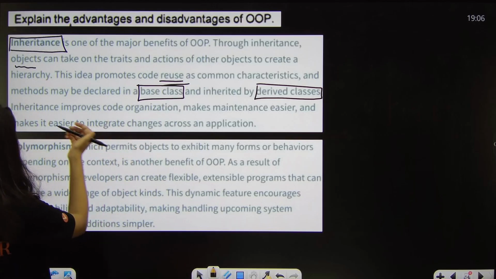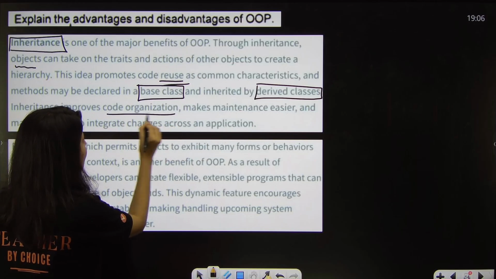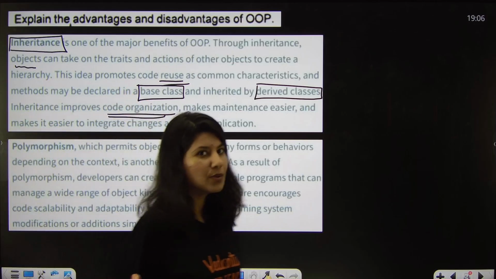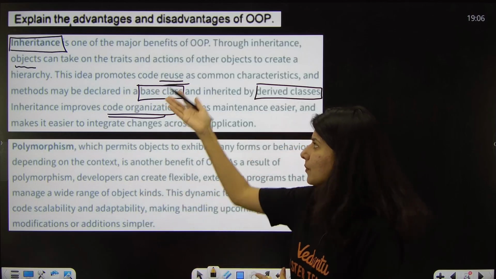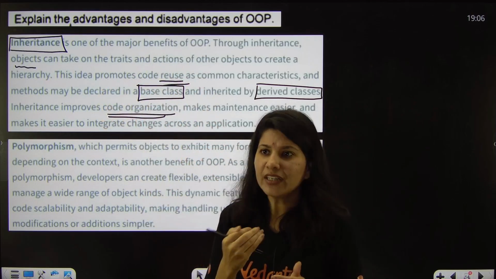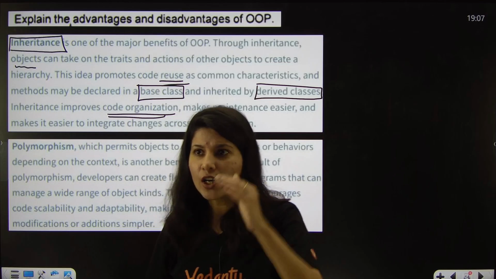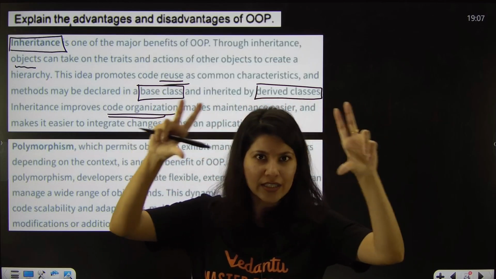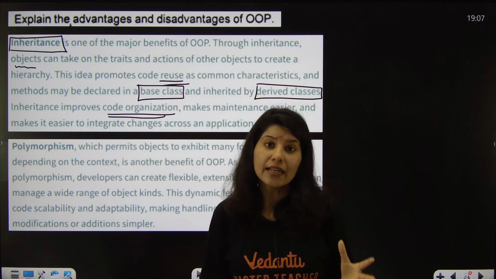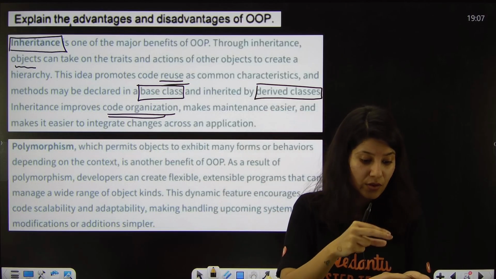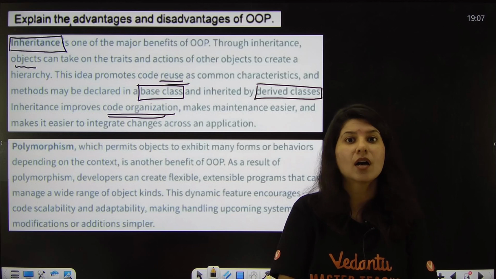Now inheritance improves code organization. Suppose we don't want to inherit, and whenever it is required I am creating a new thing. We are not creating a base class. This happens in procedure oriented programming: whenever it is required I am going to create a fresh creation one more time.